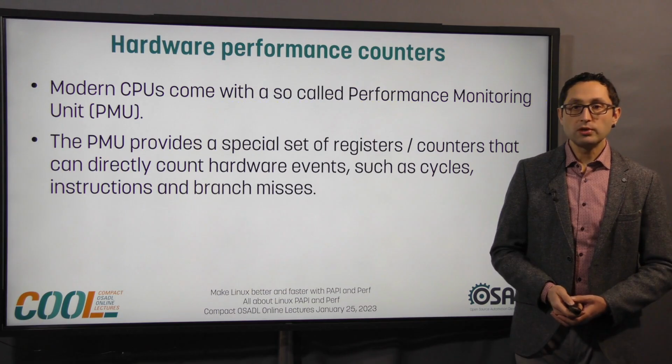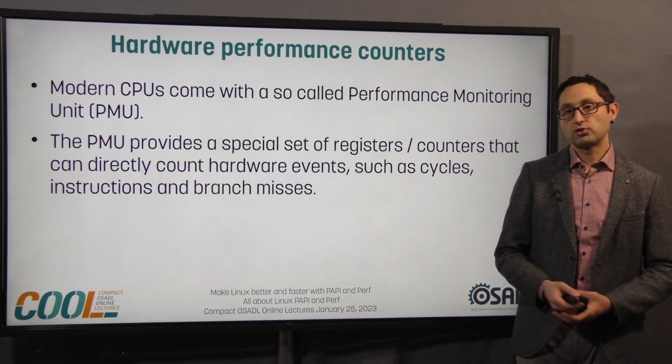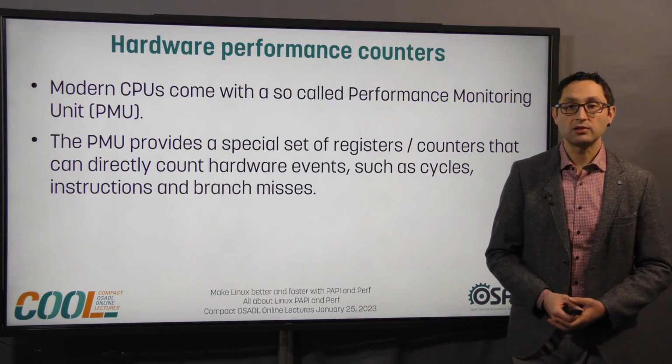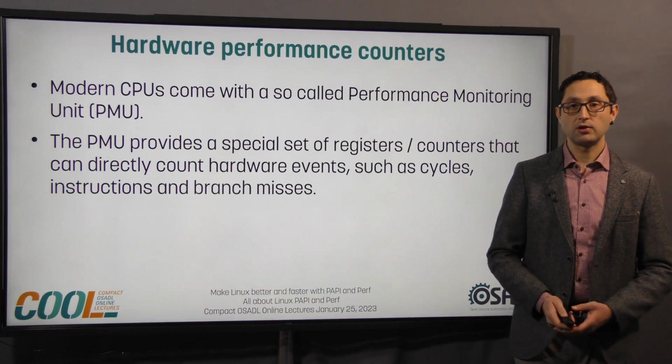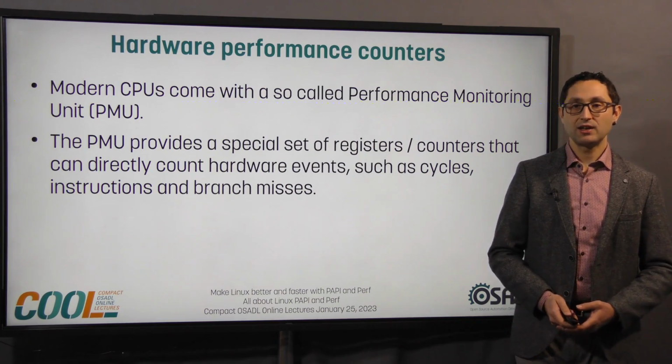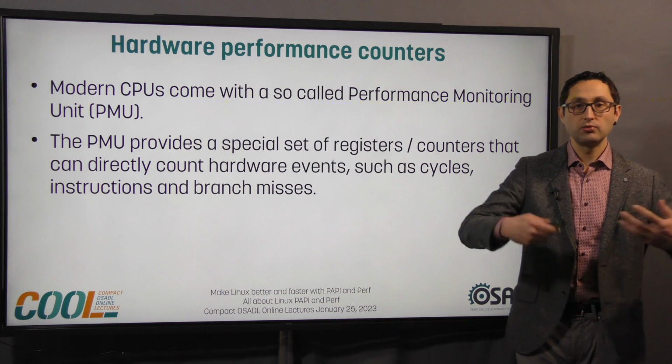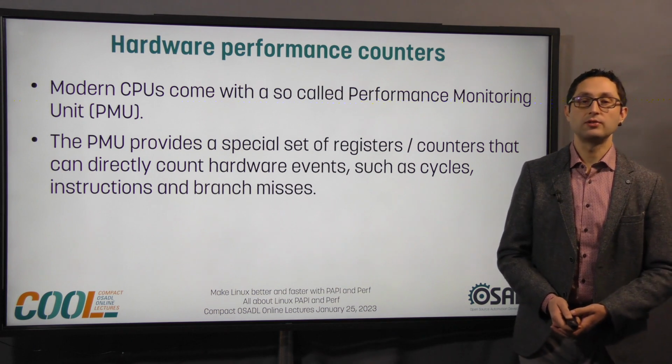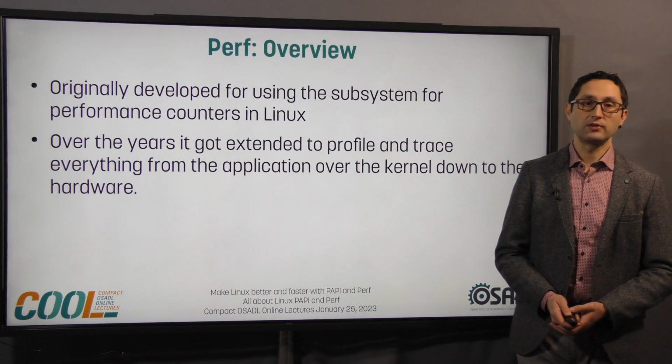We all know Linux always adjusted pretty fast to new technologies, and this also happened for hardware performance counters. As a reaction to CPUs coming with this type of counters, the Perf tools have been developed.